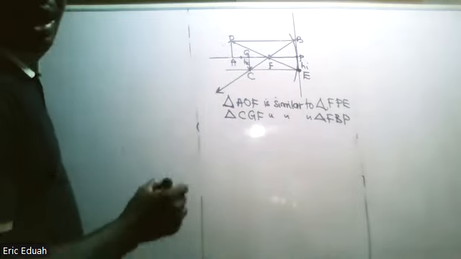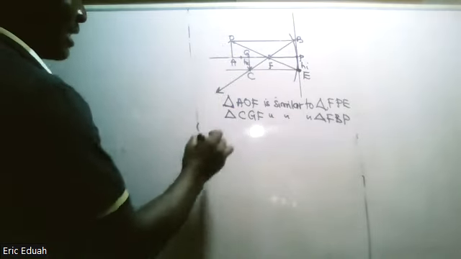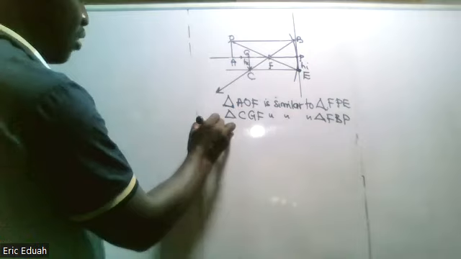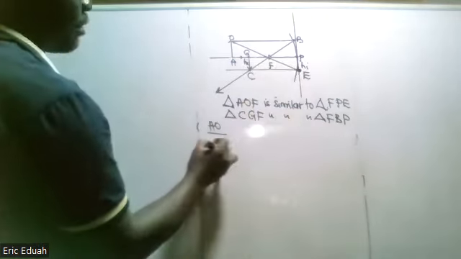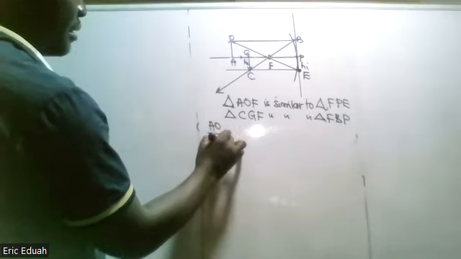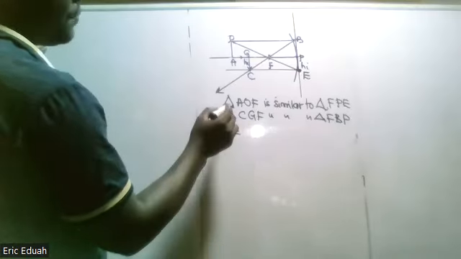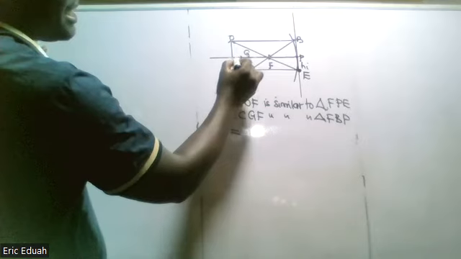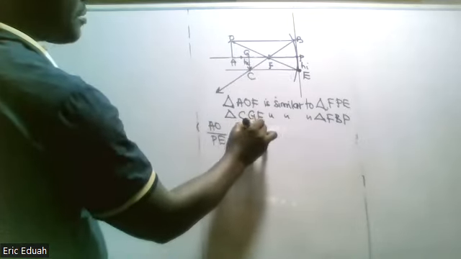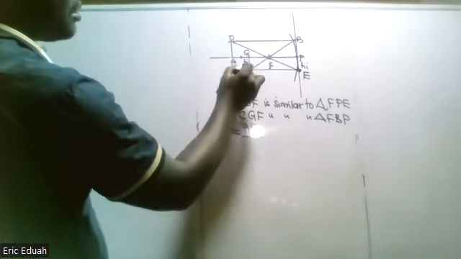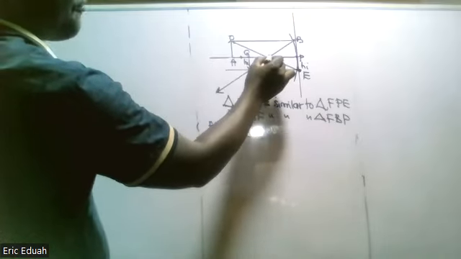So we are looking at the ratio of their sides. The side AO over the side of the other one, PE, must be equal to the side AF to FP.